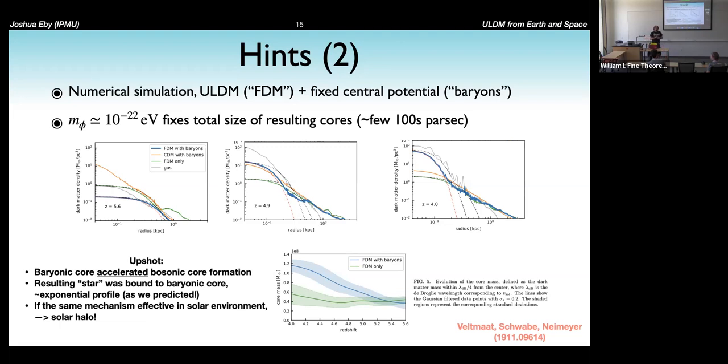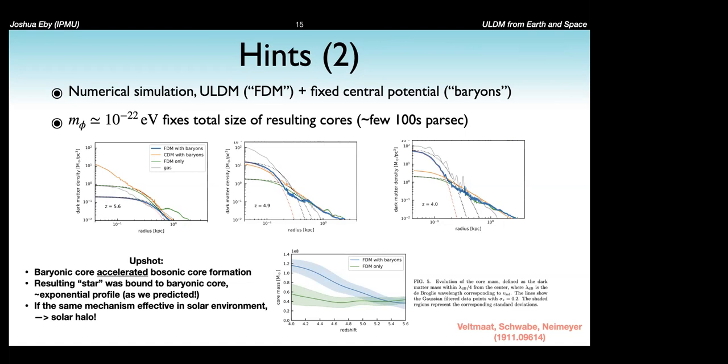Oh, sorry, I'm missing something basic. What exactly is the interaction that they're adding between the baryonic core and dark matter? Just gravity. So what makes the baryonic core special compared to this host mass? What is baryonic here?